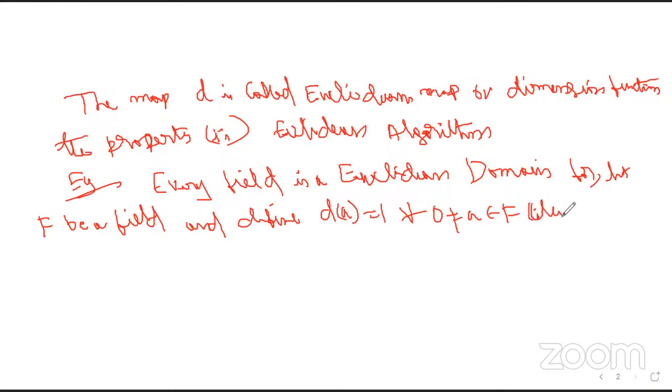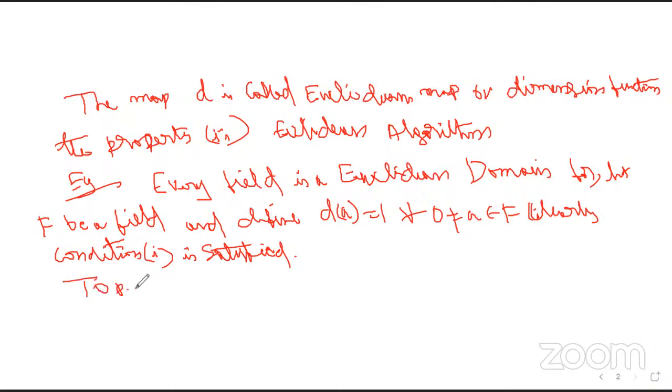Condition 1 is satisfied. To prove the second one: let a, b belong to F and b not equal to 0.